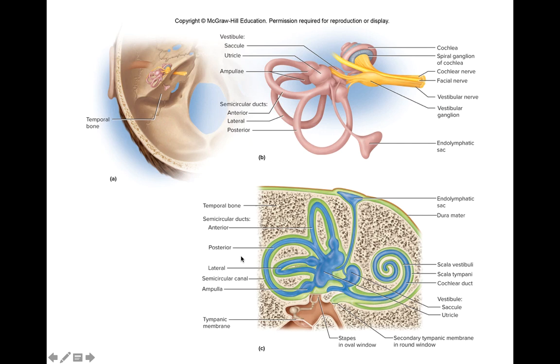So the bony labyrinth is running through the bone and is filled with the perilymph, which is shown basically in green here. Okay. And then running inside of it is a membranous labyrinth that is filled with endolymph, that is being shown in blue. So this is a tube within a tube.